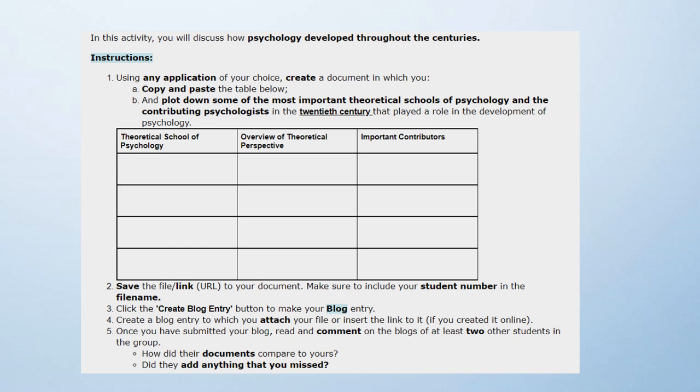Okay, so it's quite a straightforward ICE task, but it really is about you consolidating this learning. So when describing major contributions of early theorists, you're going to say, for example, the theoretical school is humanist, the humanist perspective is this, Rogers was an important contributor. Okay, so it's just consolidating your learning.